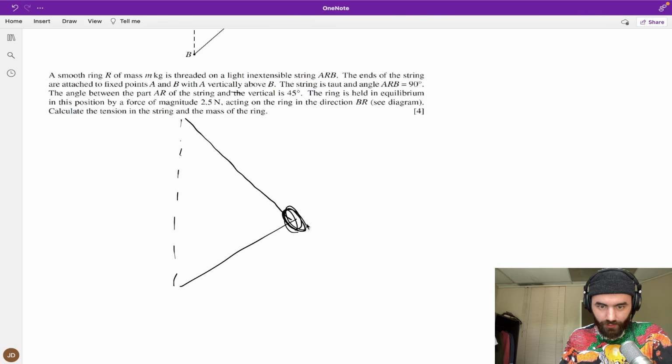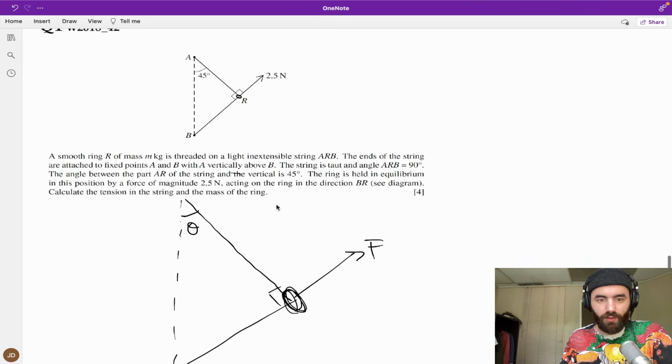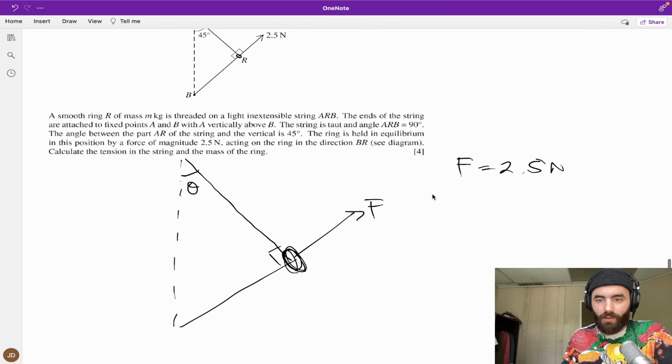String, theta. This is at a right angle. It's our ring. Okay, F is equal to 2.5 newtons. Theta is 5 degrees. Calculate the tension.